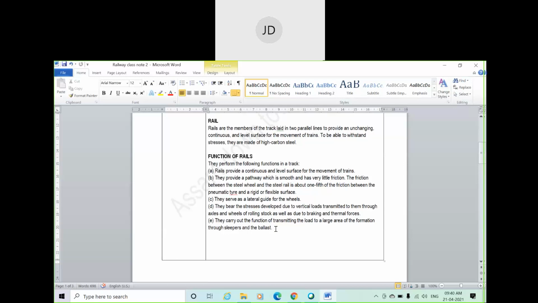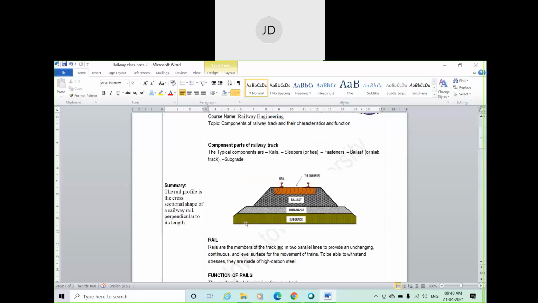Next, they carry out the function of transmitting the load to a large area of the formation through sleeper and ballast. So the main purpose of placing the rail is to convert the load and distribute it over a larger area, meaning the subgrade soil or subsoil.